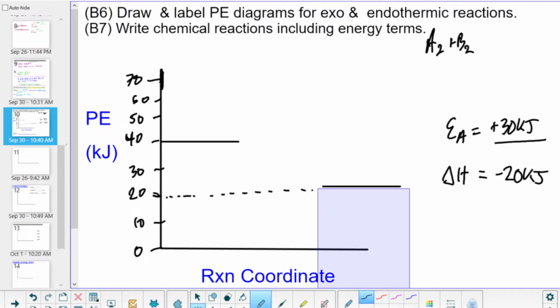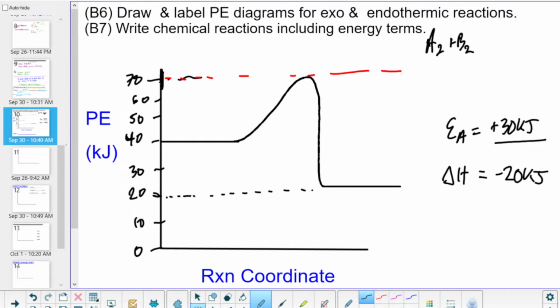70. So I need to make sure that I hit this peak up here for my energy of activation. So this should go up and then it should come down. That's a very weirdly sloping graph, but I'm going to keep it because I don't know how I draw it otherwise.